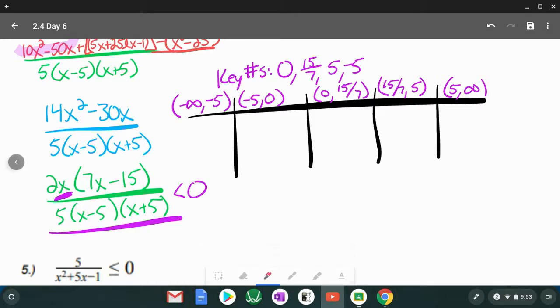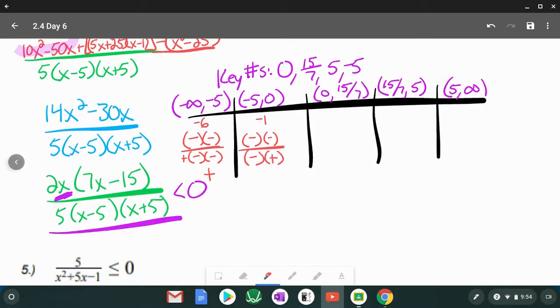And then, again, either by using the calculator if you're allowed, or your test points when you plug them into the factored form. If I plugged in a negative 6, I would have a negative times a negative over, like I said, we should put that 5 in there, it's a positive, times a negative times a negative. So we have a positive output. And then if we plugged in a negative 1, we have a negative times a negative times a negative, and then a positive.